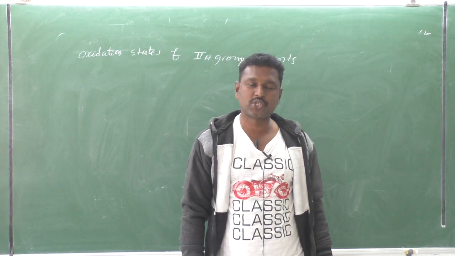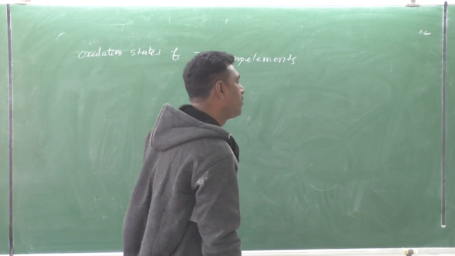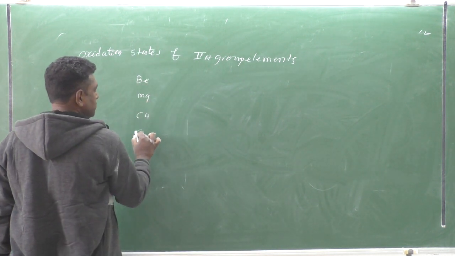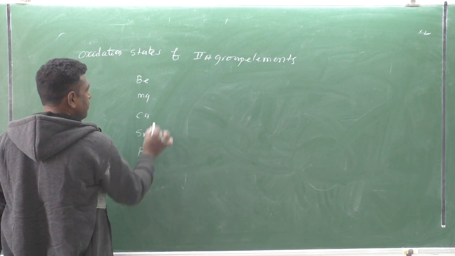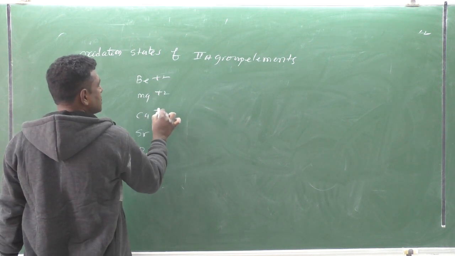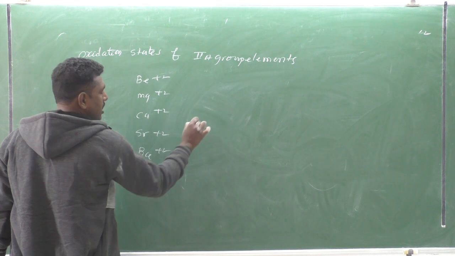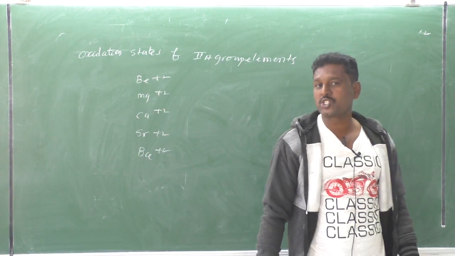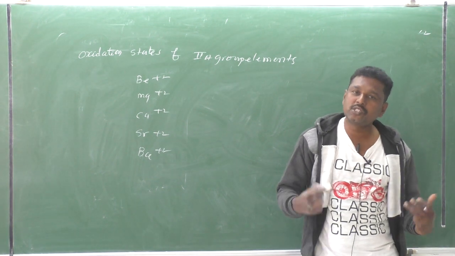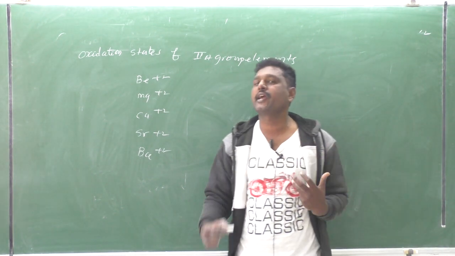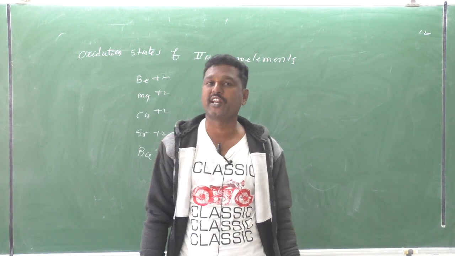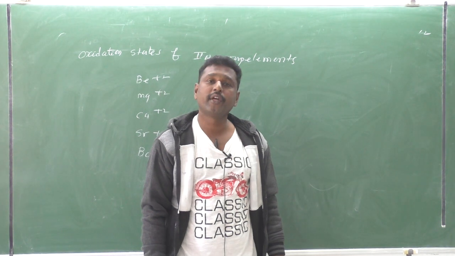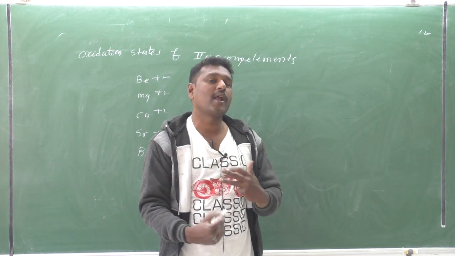Beryllium, magnesium, calcium, strontium, barium all exhibit the +2 oxidation state only, because they have outermost ns2 electrons. If they lose these 2 electrons, they easily get the stable electronic configuration, that is ns2 np6 configuration. Therefore, they can easily lose the 2 electrons.